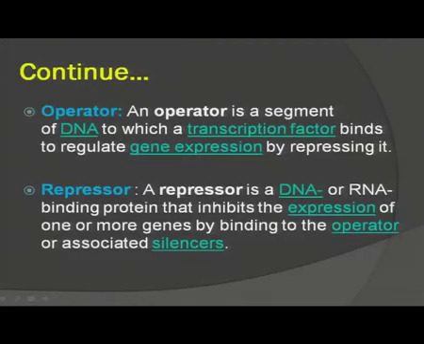Repressor: a repressor is a DNA or RNA binding protein that inhibits the expression of one or more genes by binding to the operator or associated silencer. So, a repressor is a protein which binds over the DNA or RNA to inhibit the expression of DNA to synthesize the protein.